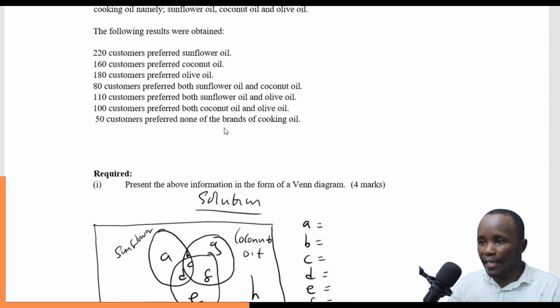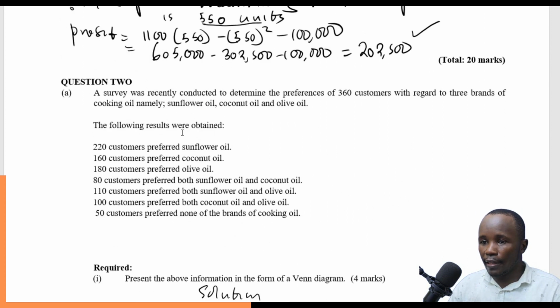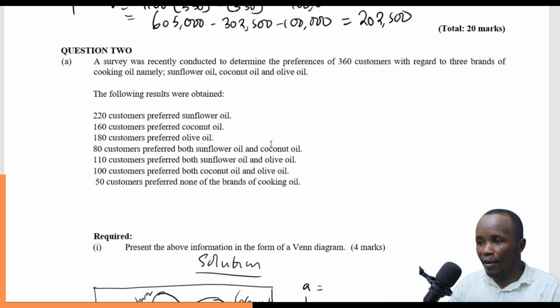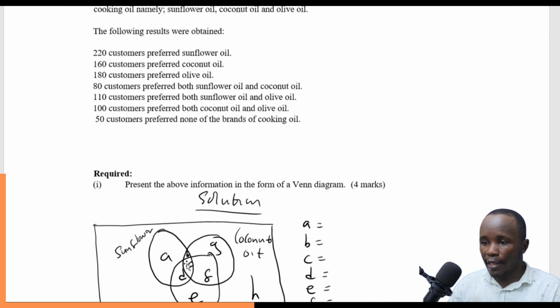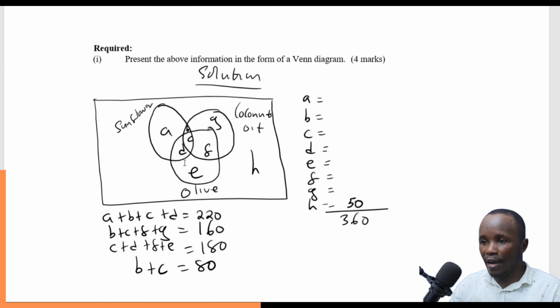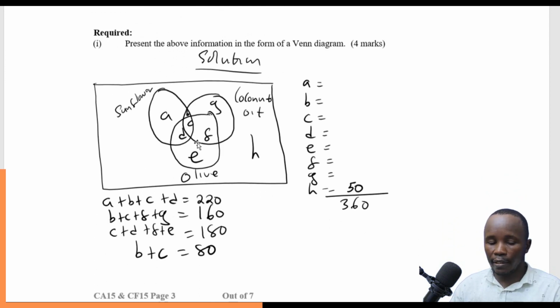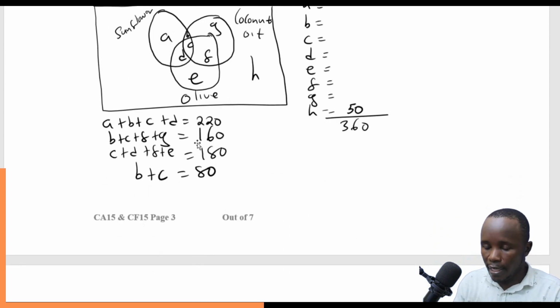Then 110 preferred sunflower and olive. Sunflower and olive, that is C and D. C plus D is 110.